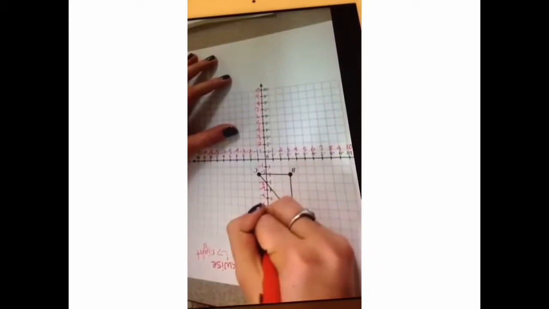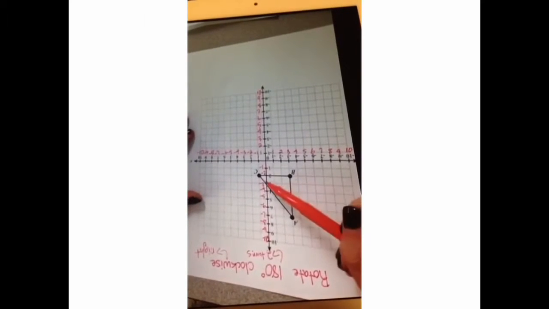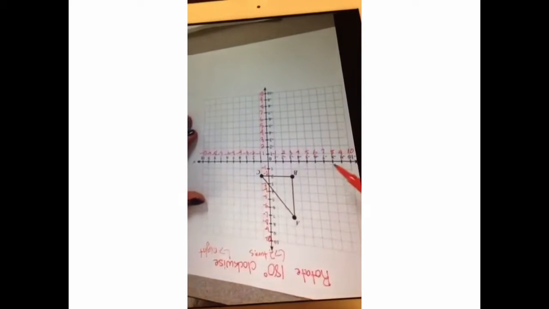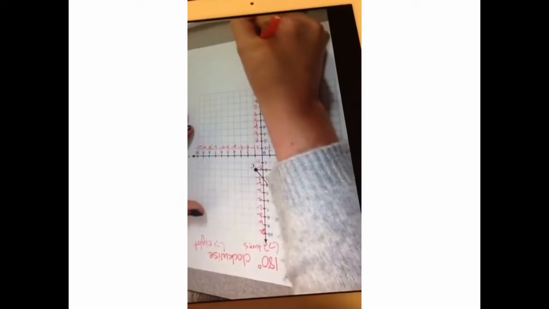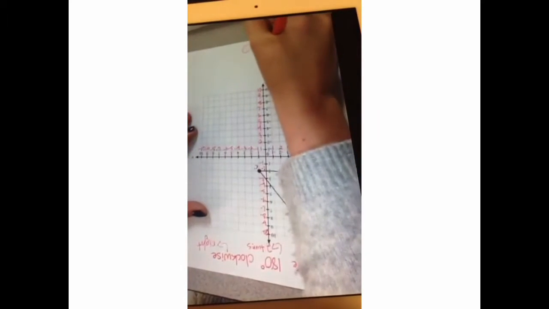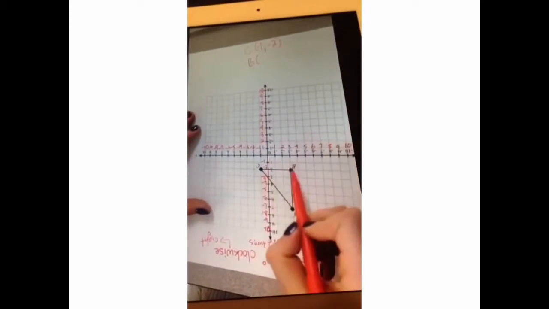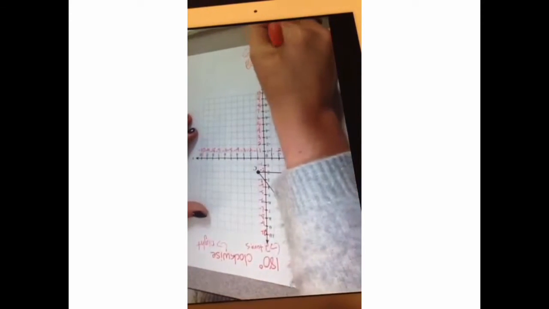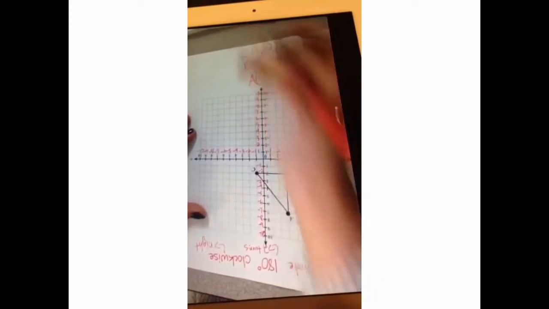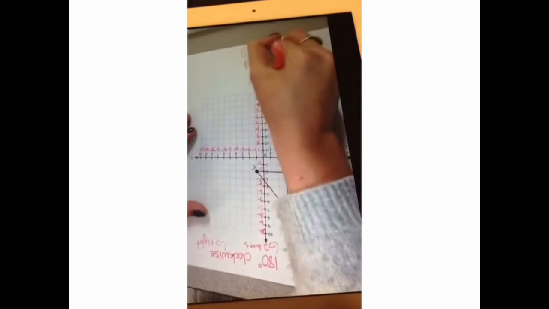My next step is to write down the coordinates of my triangle A, B, and C from my new graph that I just did with my turns. So C is now at -1 and -2. B is at 3, -2. And A is at 3, -7.